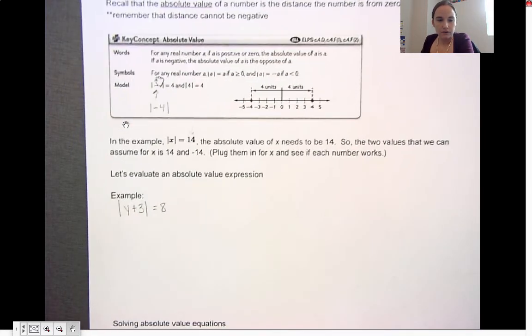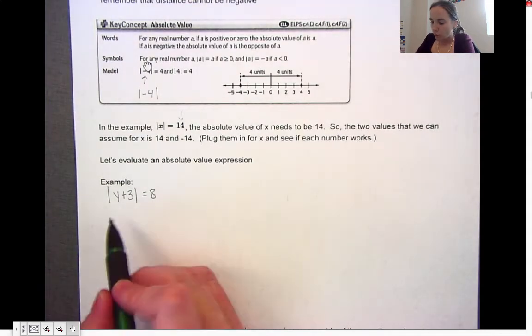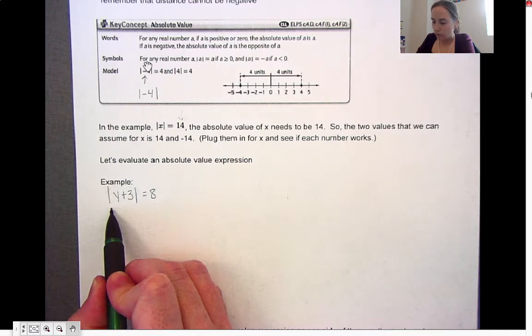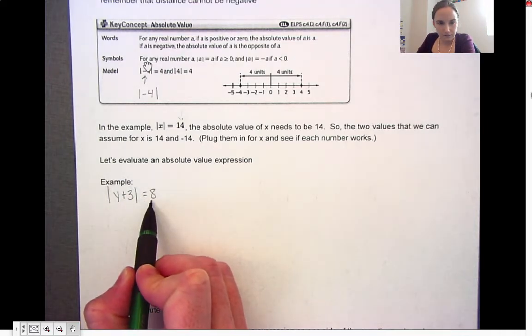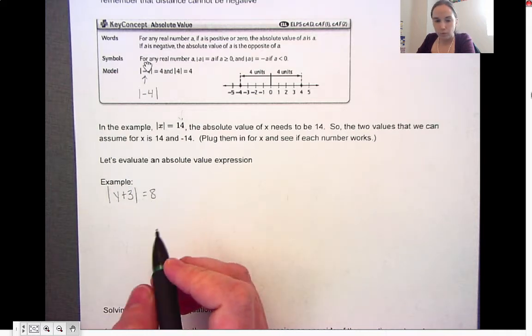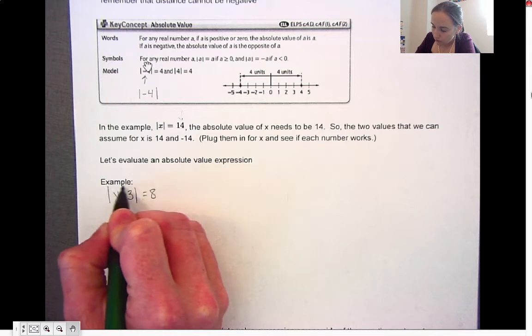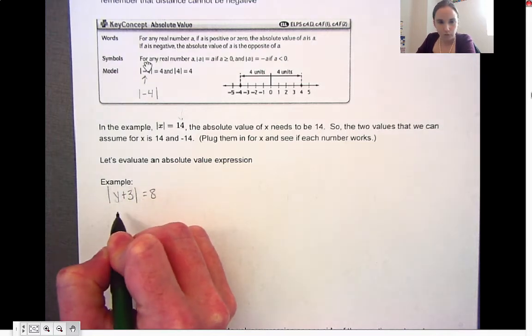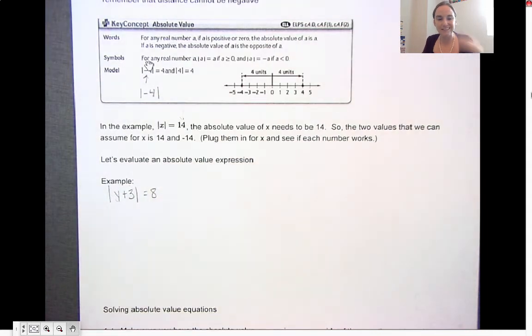So let's look at an example. This example says the absolute value of y plus 3 equals 8. So the first thing that we want to do is think, okay, if I had some value in here and I took its absolute value, it has to give me 8. The distance is 8, so I can be at -8 or at +8.